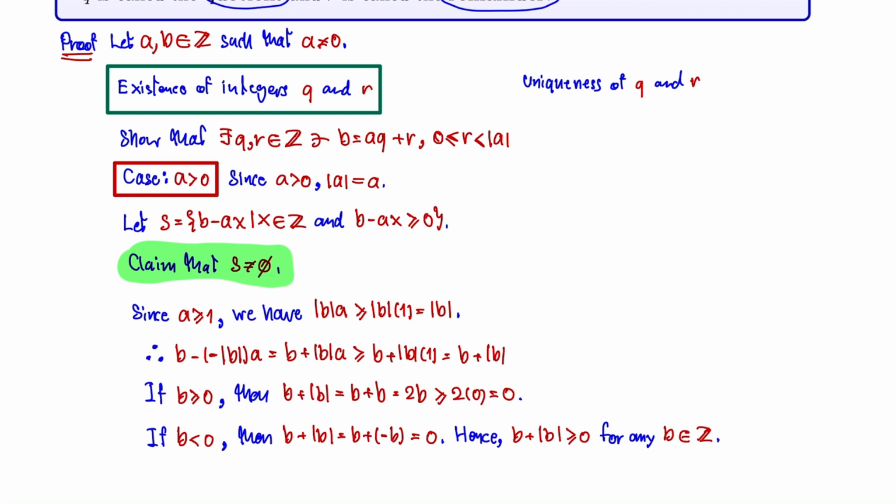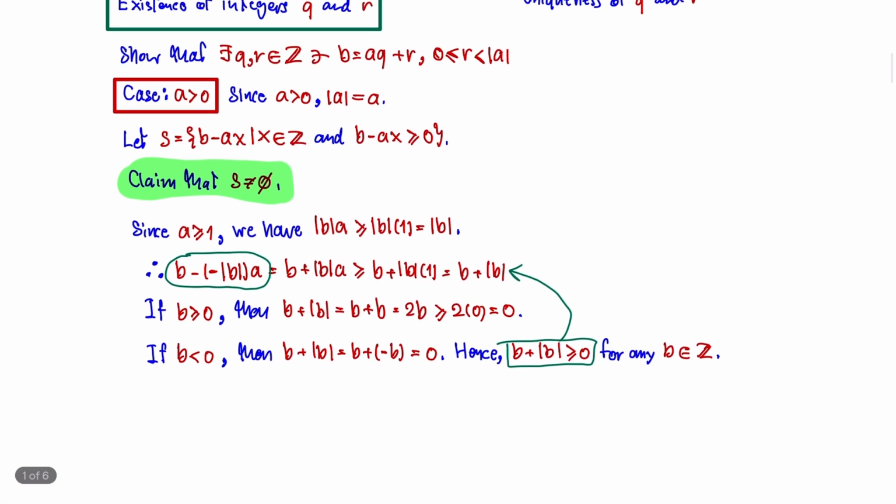Now, where can we go? Right now, b plus the absolute value of b is greater than or equal to 0. What happens to this number?